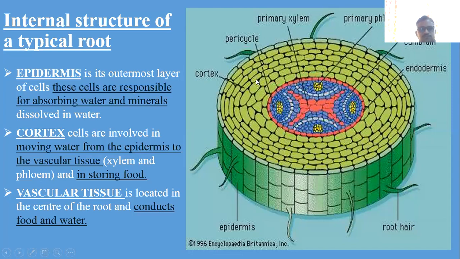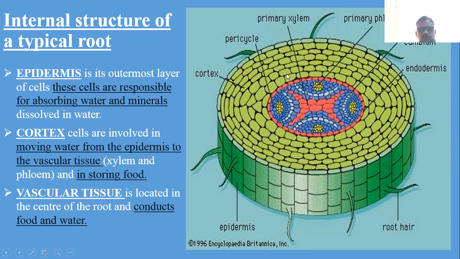The first layer we can observe here is the epidermis, okay. This green colored part, the outermost layer of the cell, is called the epidermis.